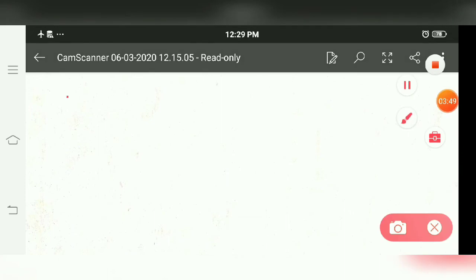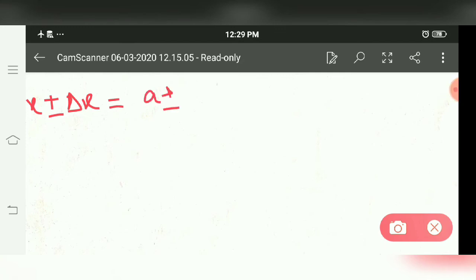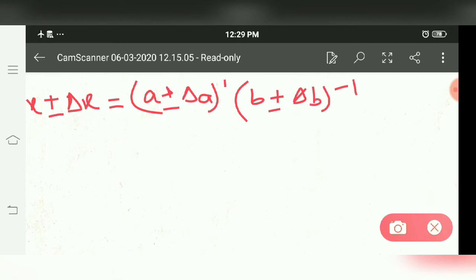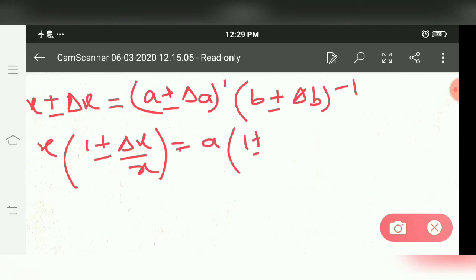Now what we have to take? We take x plus minus delta x equal to (a plus minus delta a) whole raised to power 1. From the denominator we have taken this term to the numerator, so its power is minus 1. Taking x common here, similar to product, we get this. Taking a common from here, we get 1 plus minus delta a by a.